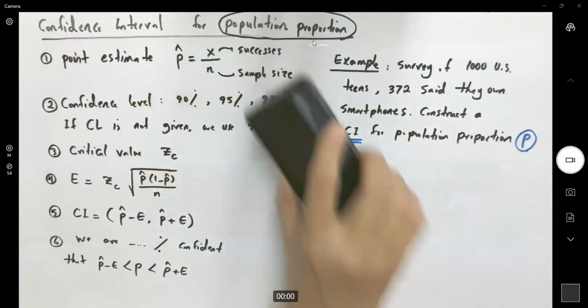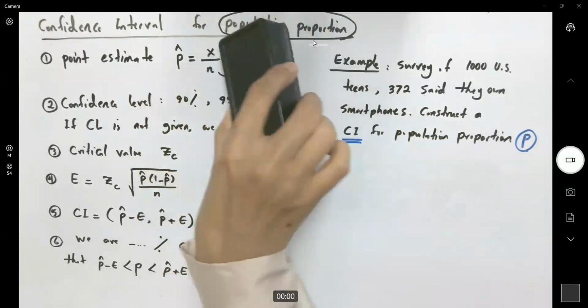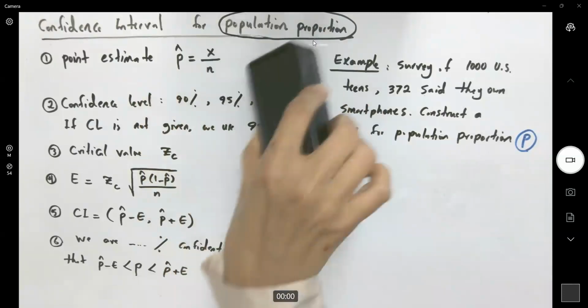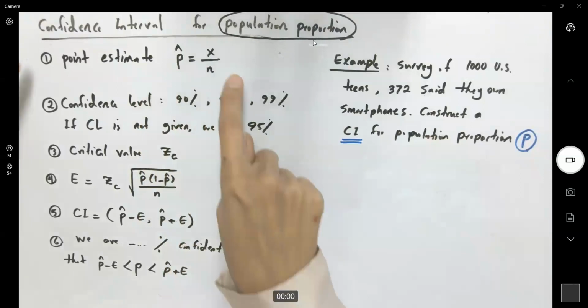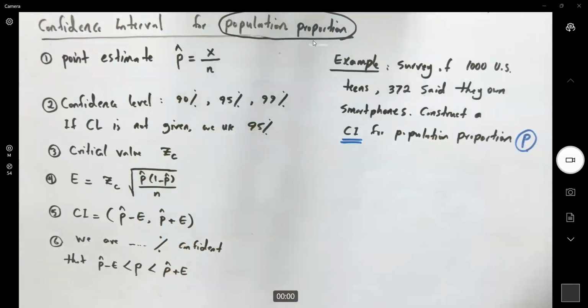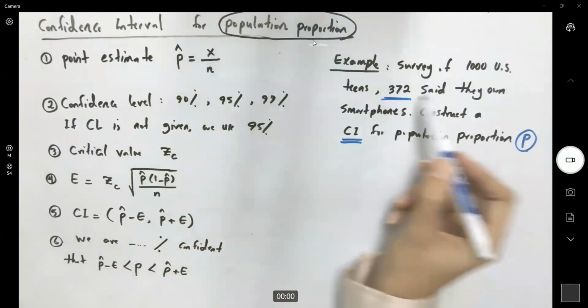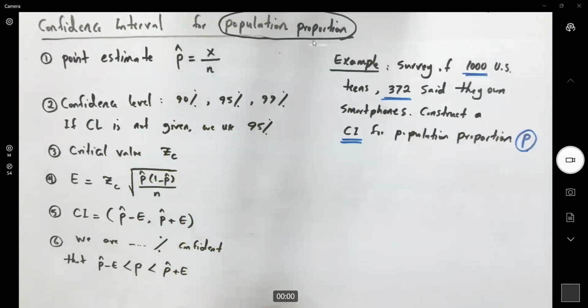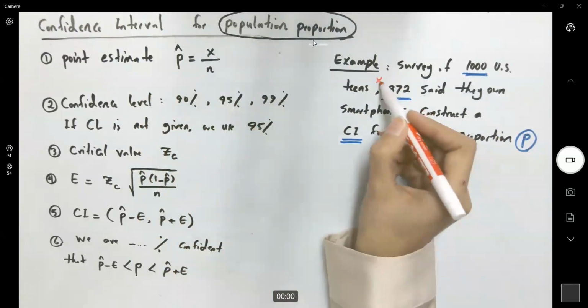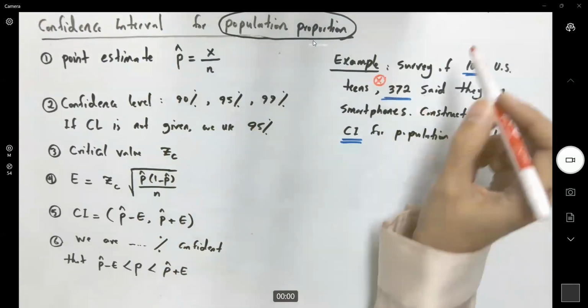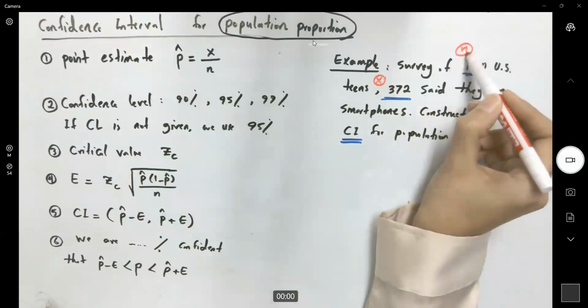So let's take a look at step 1. X divided by N. What is X? X is the number of successes and N is the sample size. So X is 372 and N is 1,000.